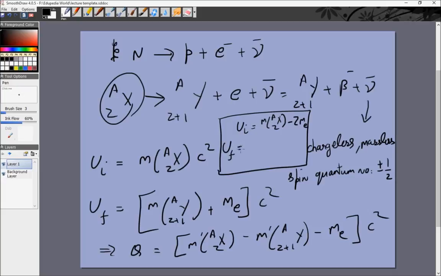U final is equal to mass of A Y Z plus 1 minus Z plus 1 times the mass of an electron minus the mass of an electron. And if you take Ui minus Uf, you'll actually see that the electrons do not cancel out. This should be plus, sorry. In this case they do, but in this case they don't. Z minus, this is minus Z minus 1 plus 1 is minus Z, and minus Z will cancel out. So you will have just this minus this.